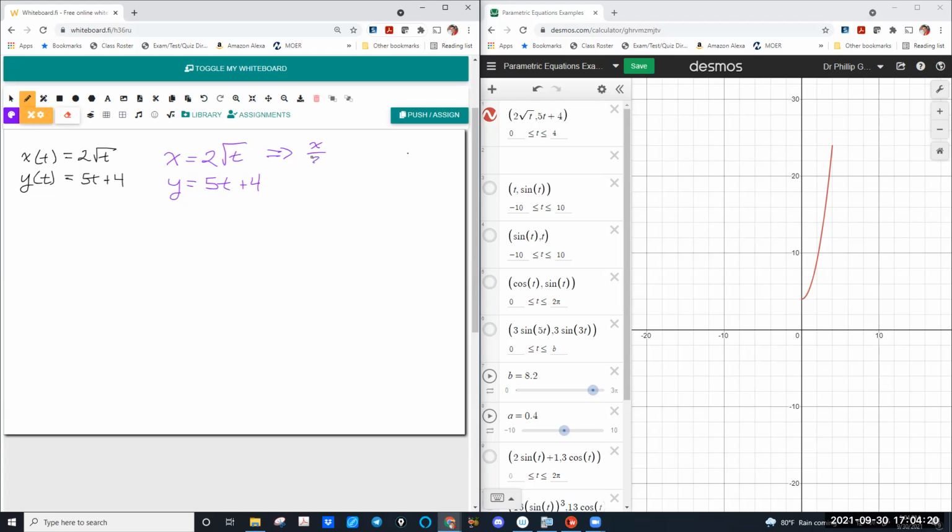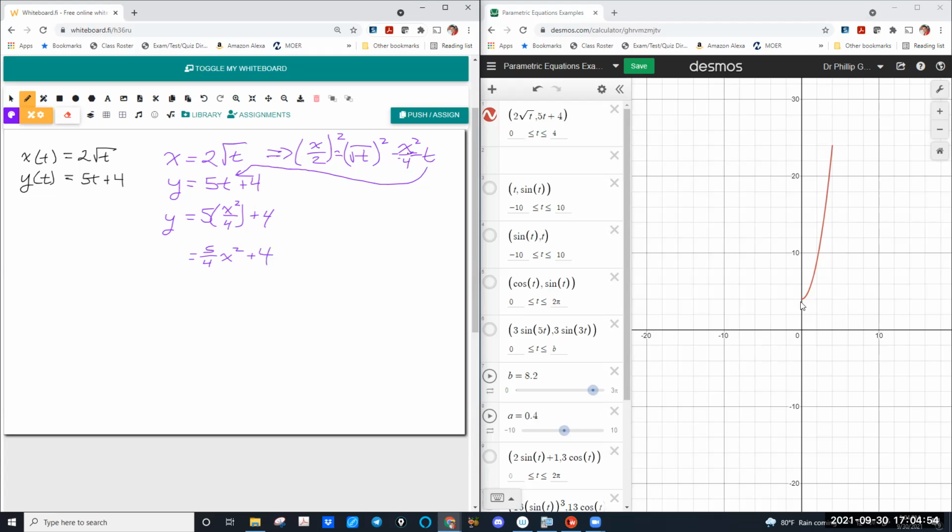So we get X over 2 equals root T. Square both sides. And we get T equals X squared over 4. And what we do is we plug that into this one, which would give us Y equals 5 times X squared over 4. This is called eliminating the parameter, or 5/4 X squared plus 4.